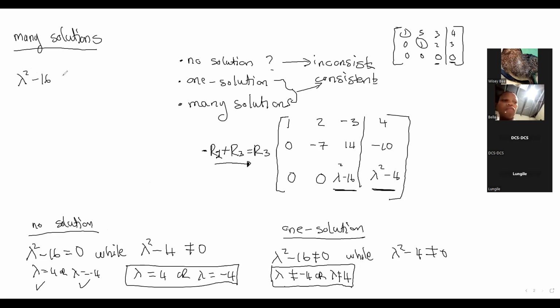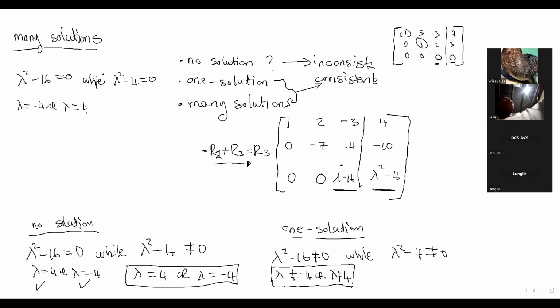So we expect for many solutions -16 to be equal to 0, while this minus 4 is equal to 0. Then we solve this one first. This one will be lambda is equal to minus 4 or lambda is equal to 4.